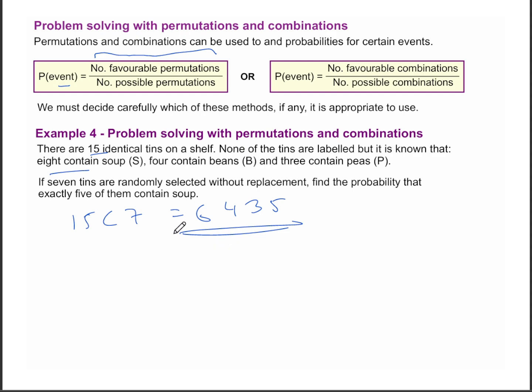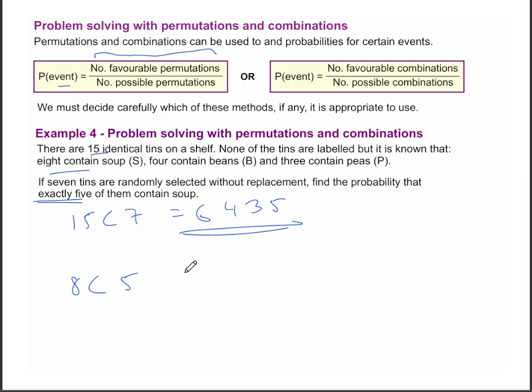From them, what is our success event? That exactly 5 of them contain soup. So from those 7 that we select, we want exactly 5 to have soup. That means we want to choose 5 of them out of the 8 that have soup. Then the other 2 have to not have soup.